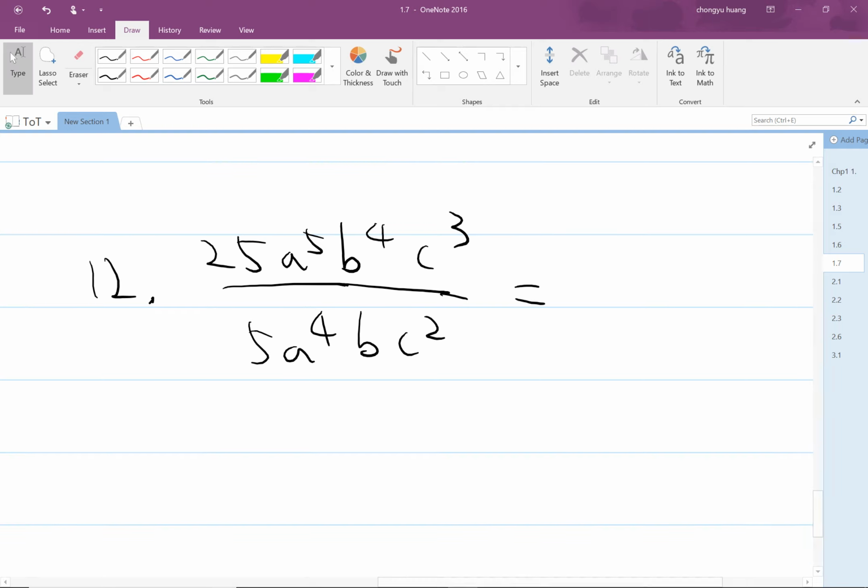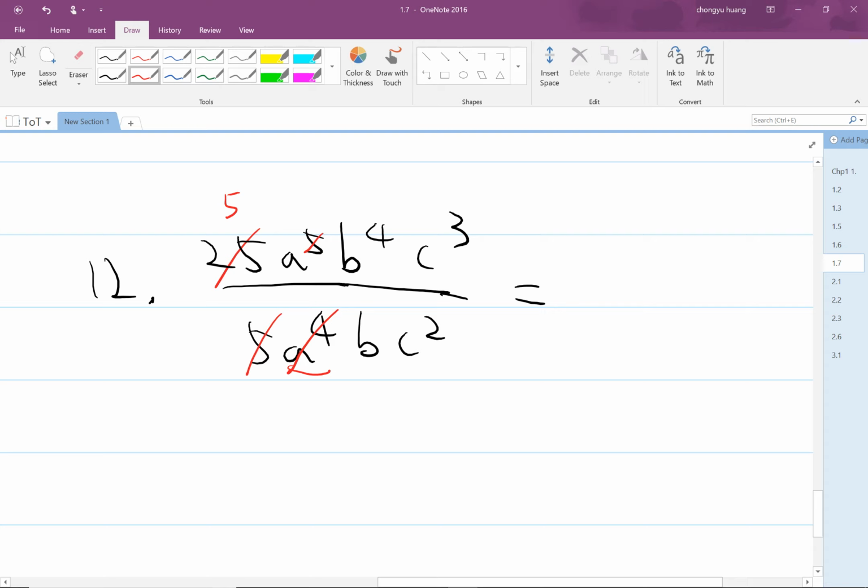We have 5, and then we just cancel it, because 25 is equal to 5 multiplied by 5, right? So 5 just gets cancelled, and then over here you can see there's an a to the power 4, so it just gets cancelled.